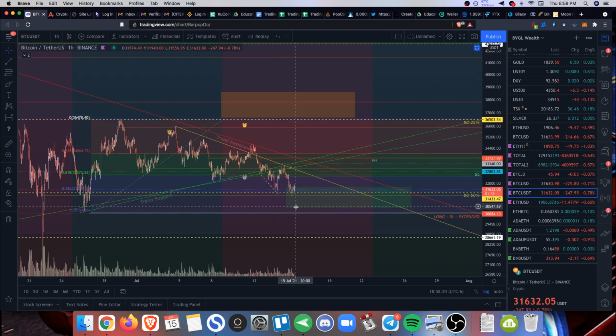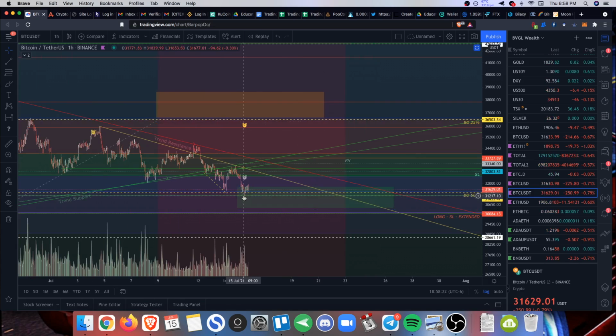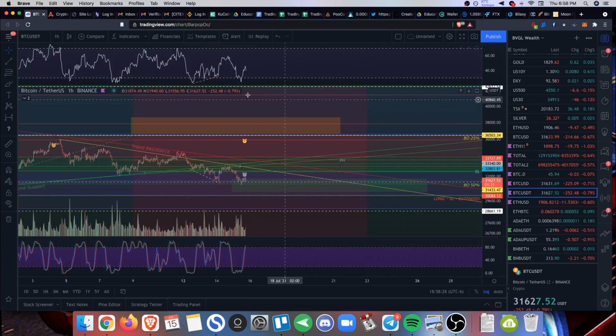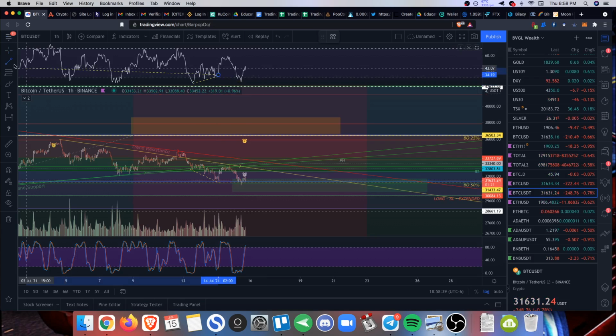But this is my buy box right now, and I see that it is good for a buy right now, but I'm not seeing any type of bullish divergence happening here. We got a low here, but then it created a low here with RSI. So a perfect example is we're going down on the indicators here, and we're going down on the price.